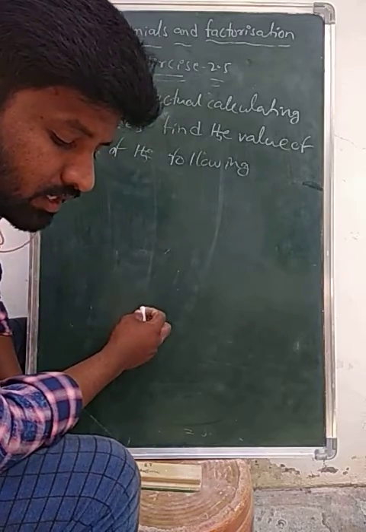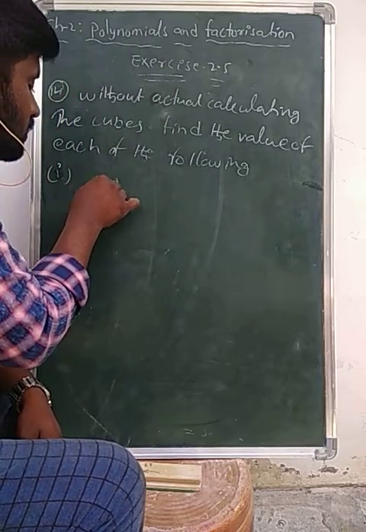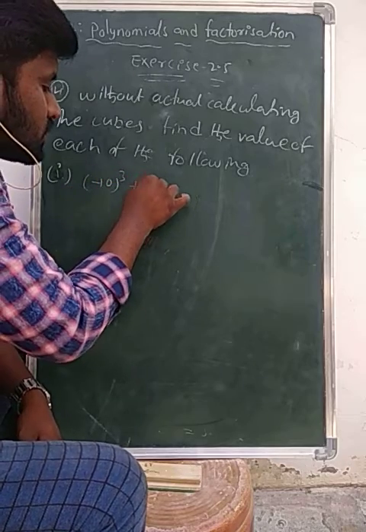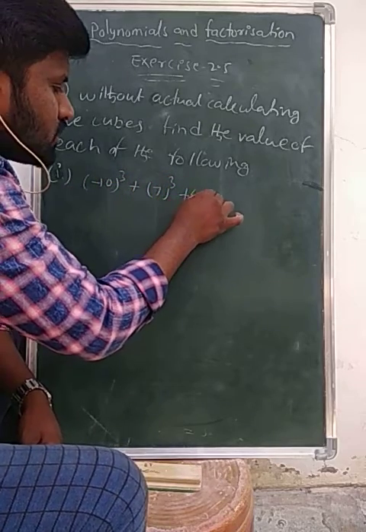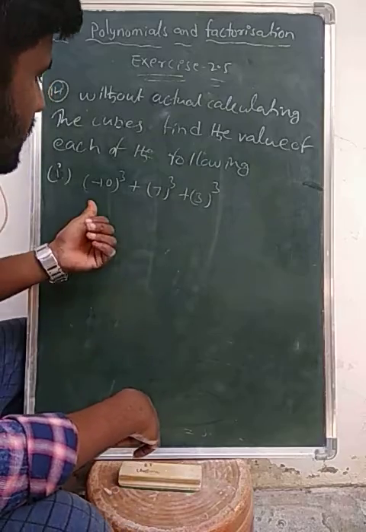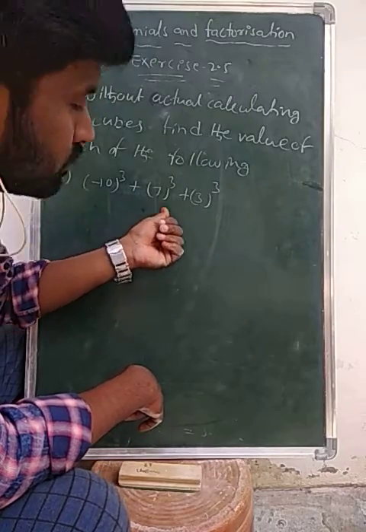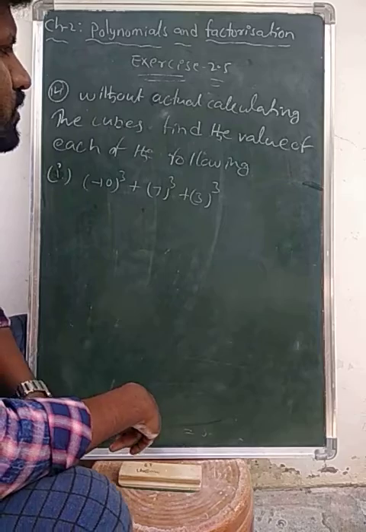In that, question number 1 is minus 10 cube plus 7 cube plus 3 cube. So this is the given question.